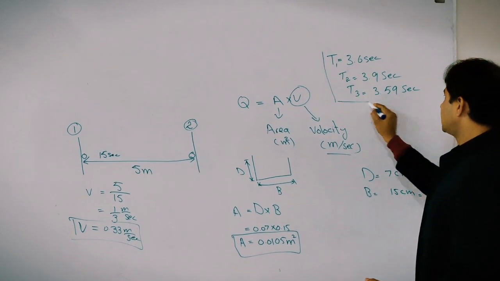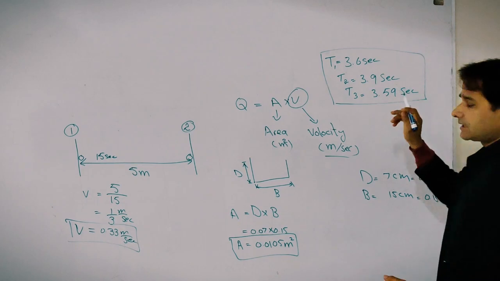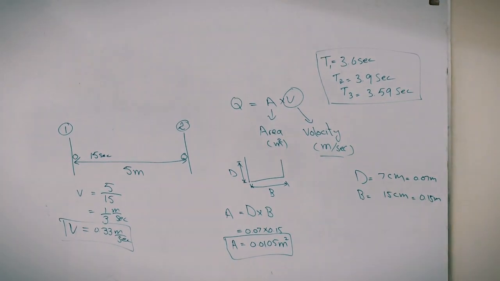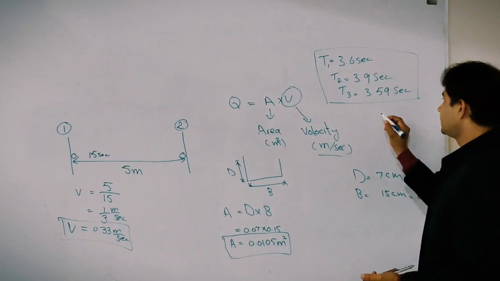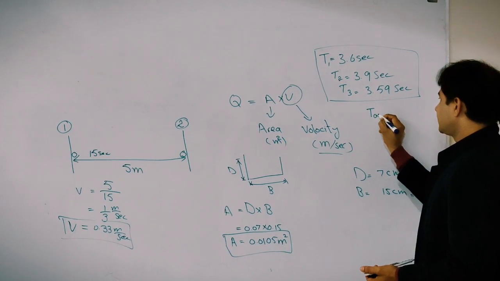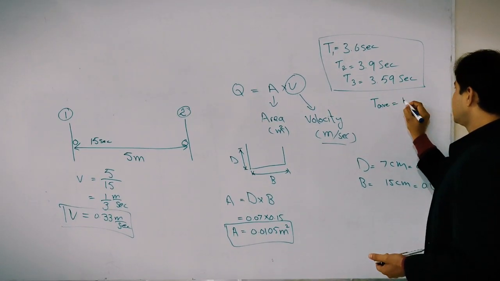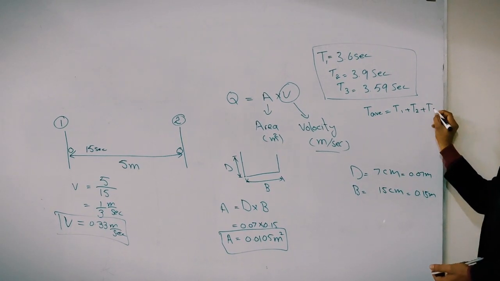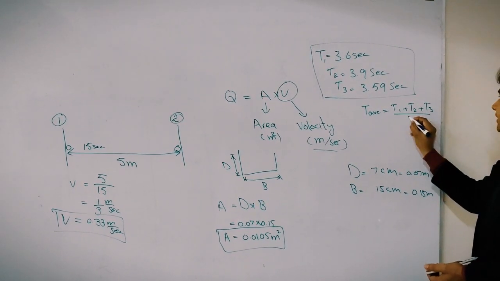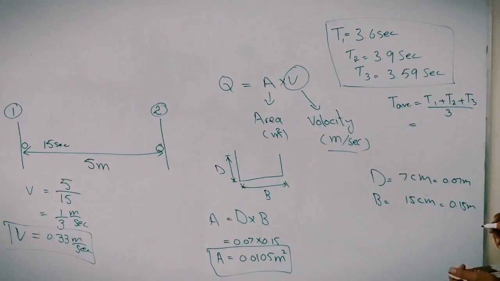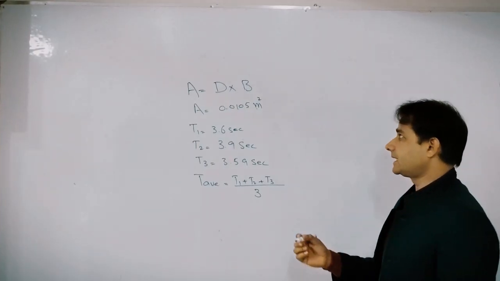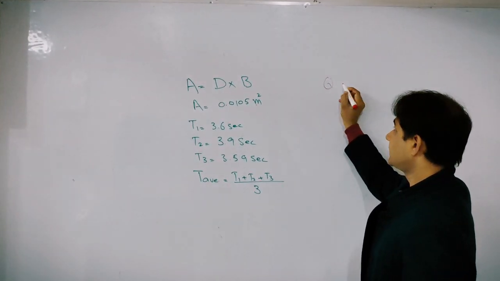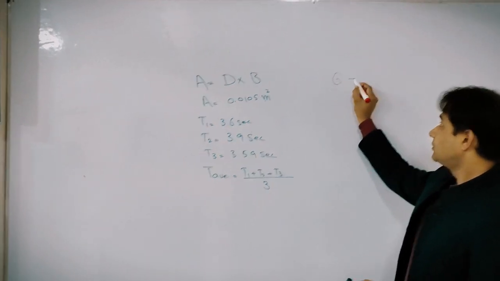So these are 3 times. We have to take the average of these 3 times. T average is equal to T1 plus T2 plus T3 divided by 3.